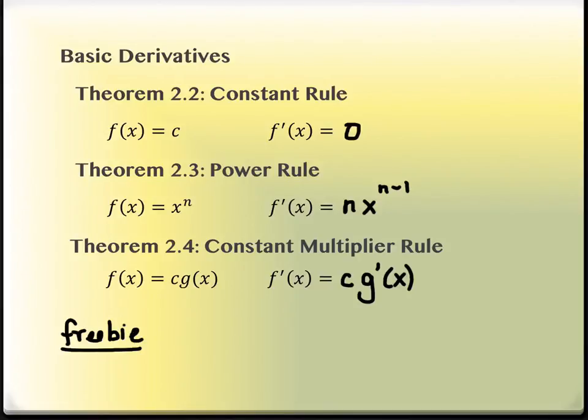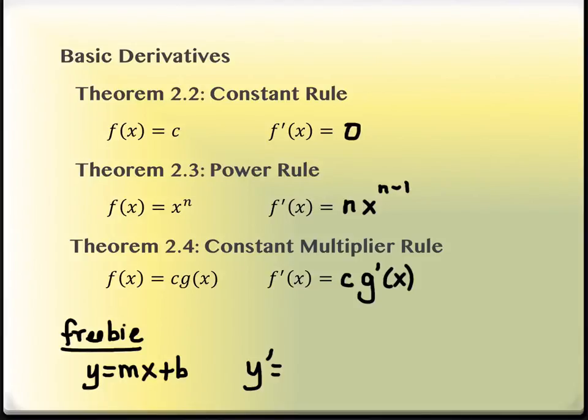Some books put in an actual one for a line. So if you had, say, y equals mx plus b, it's really a combination of a couple of rules. So here's y prime. This m is this constant multiplier like the c here. So the m just is going to be part of the problem. Okay? x is like having x to the 1.